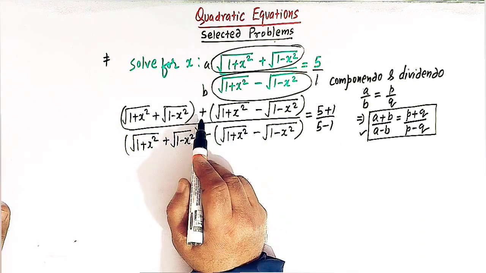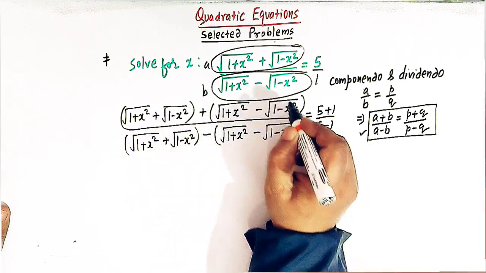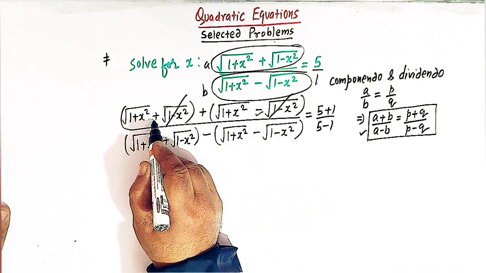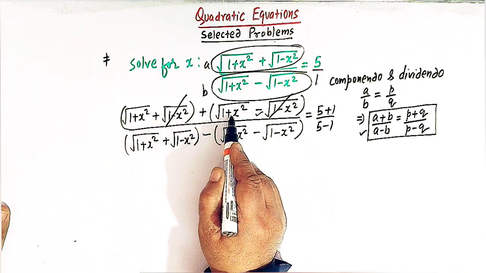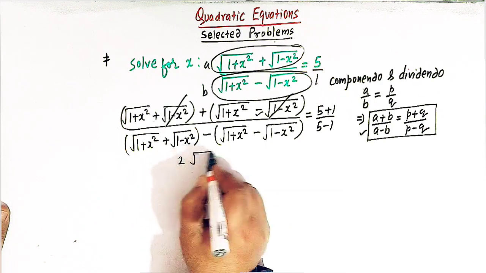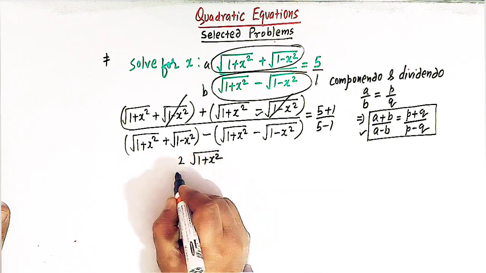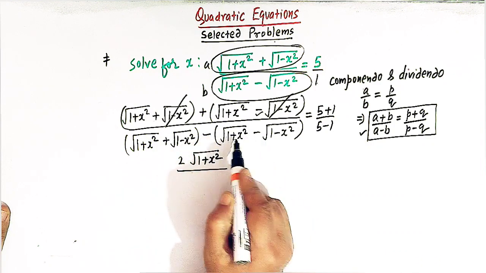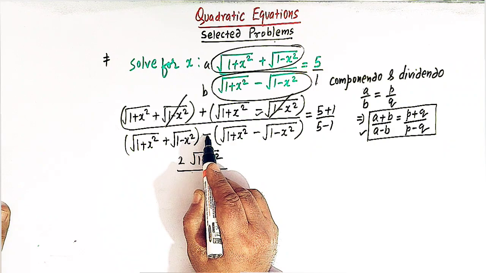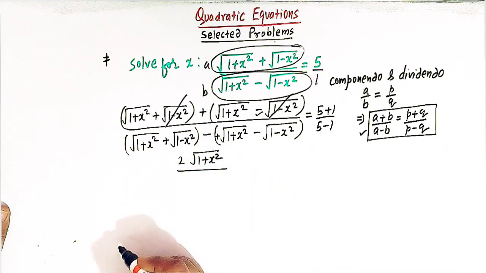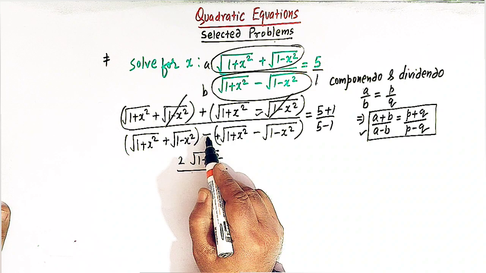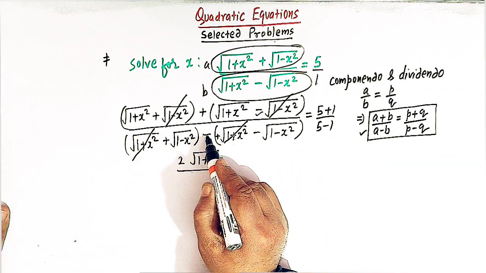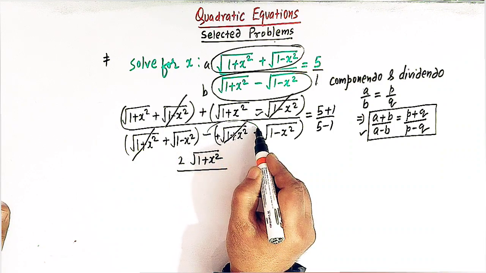Now see, in the numerator these two terms get cancelled because one is negative and one is positive, and these two get added. So we have 2 times √(1+x²). In the denominator, when we multiply these two terms by the negative sign, we have minus plus minus. So this term and this term get cancelled, and minus becomes positive.